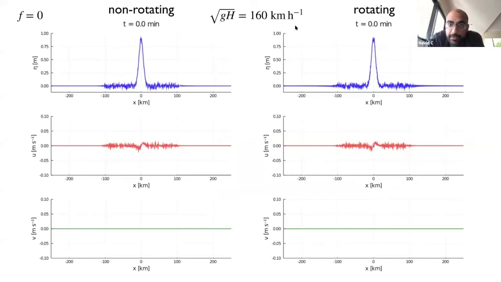Let's see if anybody has some guess. No guess. Oh, wow. I lost everybody, I guess. Waves.